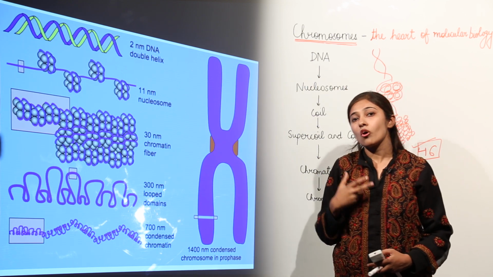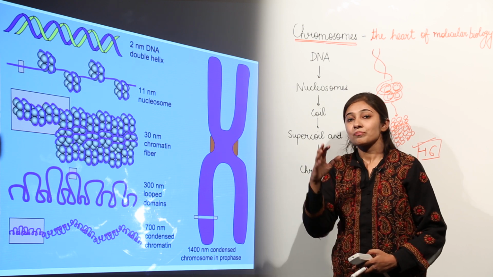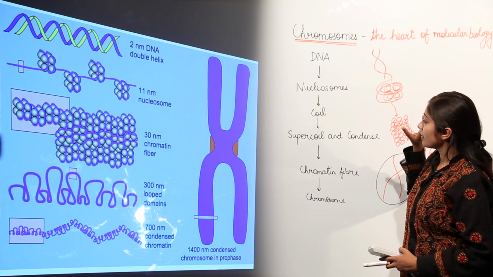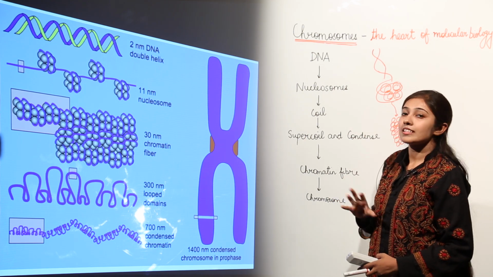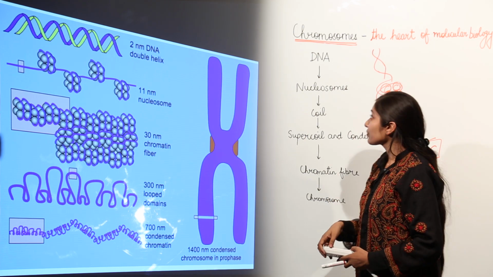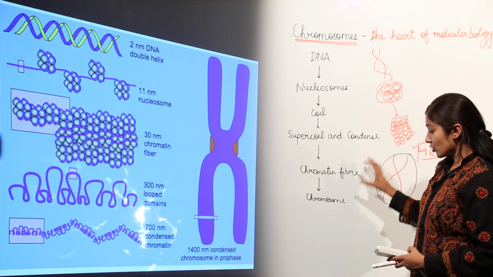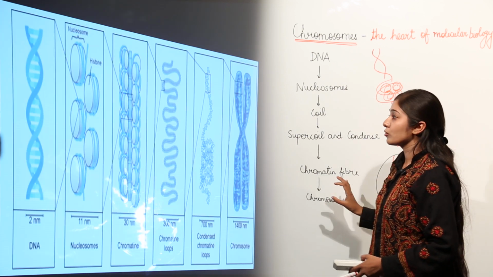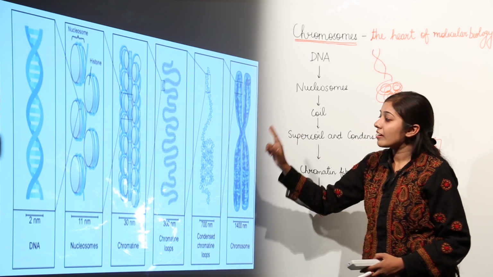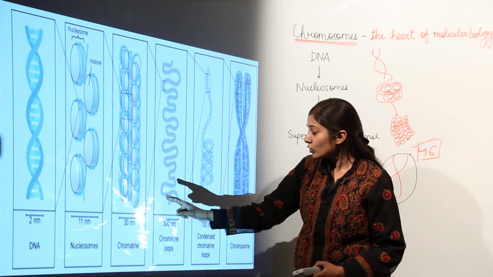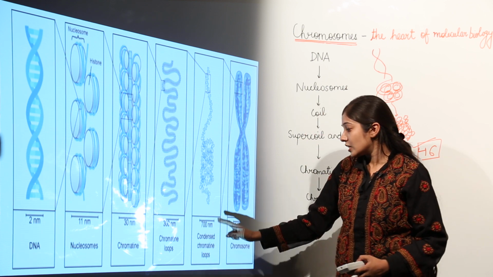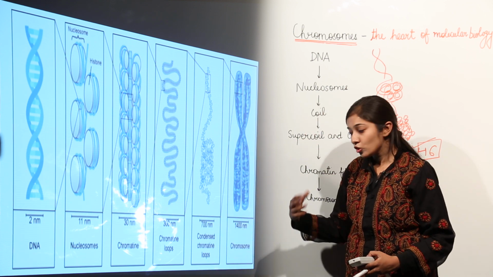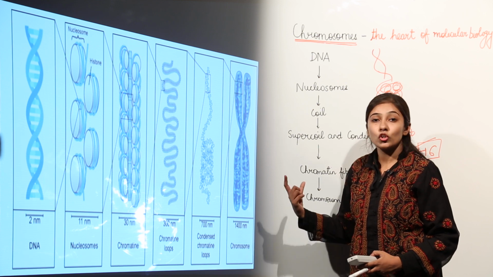Otherwise we also have some non-histone proteins, but that is not suitable to explain here. So I'll be just discussing the basics of chromosomes. So nucleosomes form chromatin fibers which finally form chromosomes. So as you can see in this image, we have a DNA molecule which further forms nucleosomes, then chromatin loops, condensed chromatin loops, and then finally a chromosome.